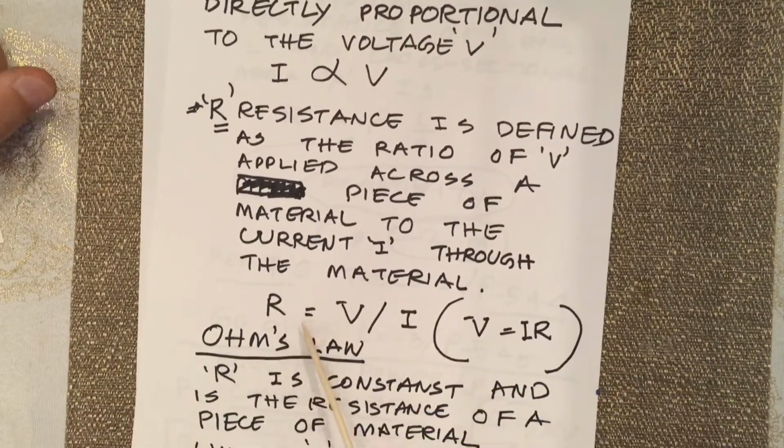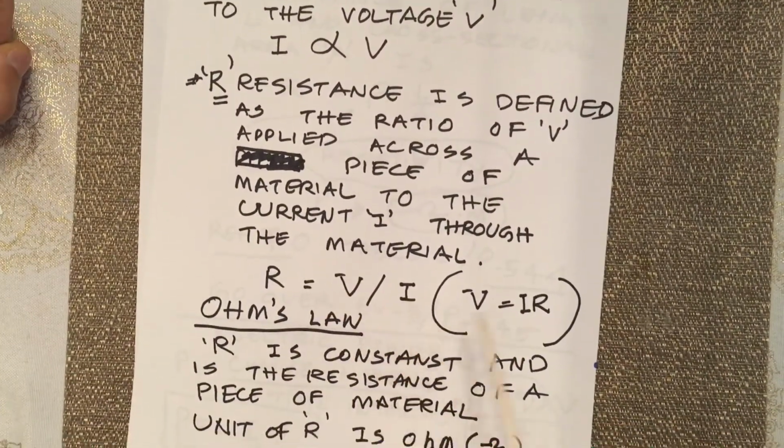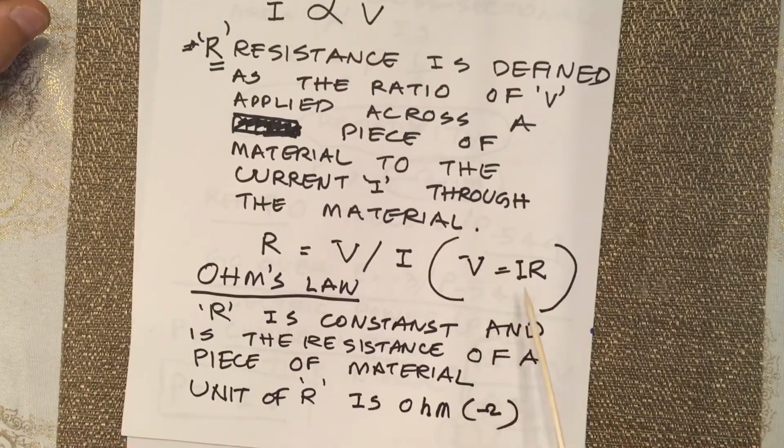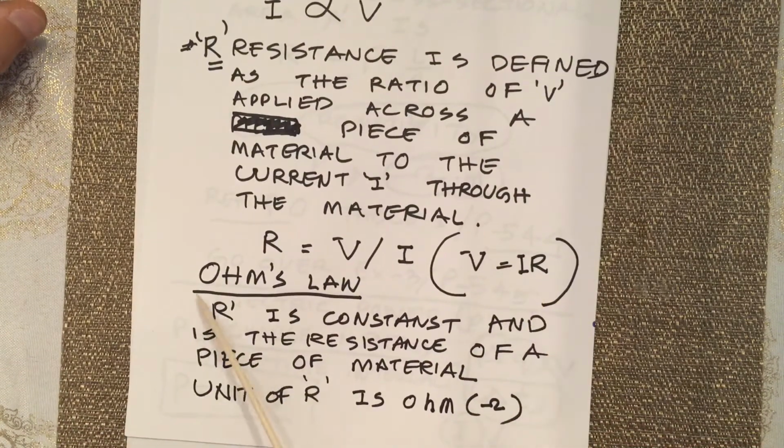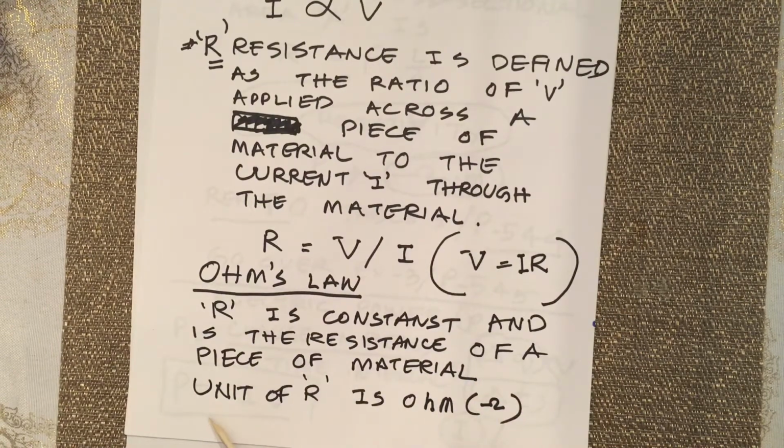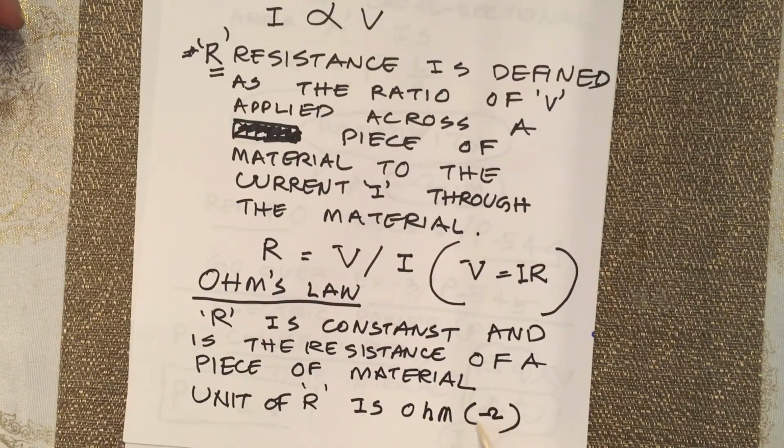So R we can define as V over I, or V equals I times R. We define this as Ohm's law, where R is constant and the resistance of a piece of material is R, where the unit of R is ohms. The symbol is this.